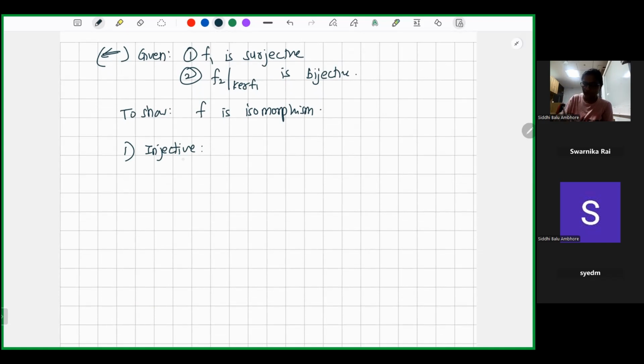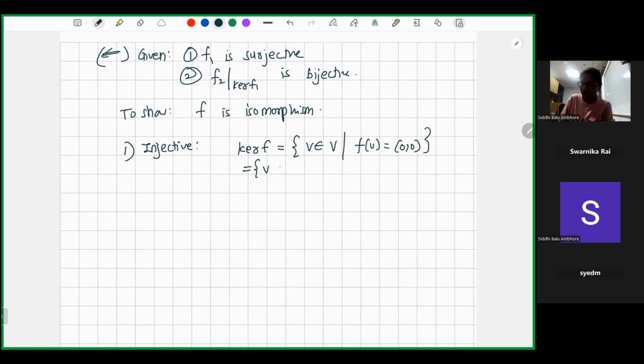Kernel of f is what? It is all those v in V such that f of v is 0, 0.